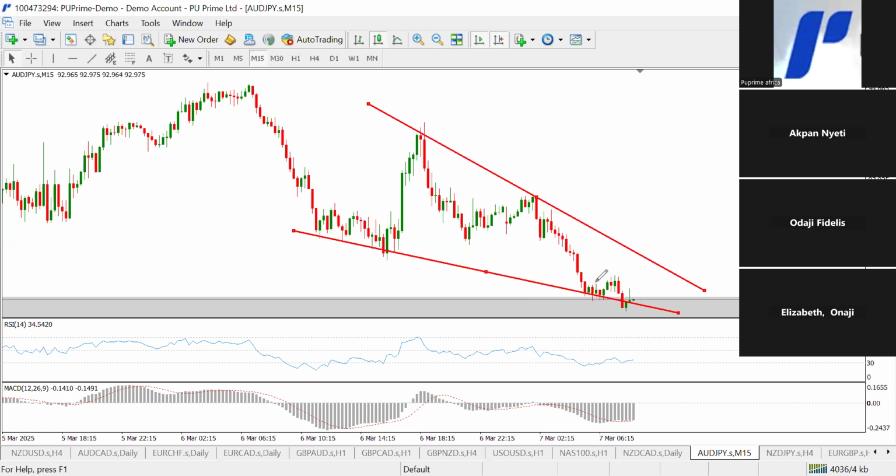But the important part is that we need to wait for a clear breakout above this trend line before triggering a buy, with our RSI clearly above 50. The price is still far away from that region, so you just need to be patient and anticipate the breakout. So if price is able to break out above the upper trend line, I'll take a buy on AUD-JPY. So we're bullish on the AUD-JPY on the 15 minutes time frame.